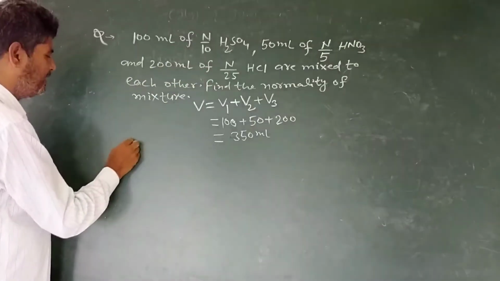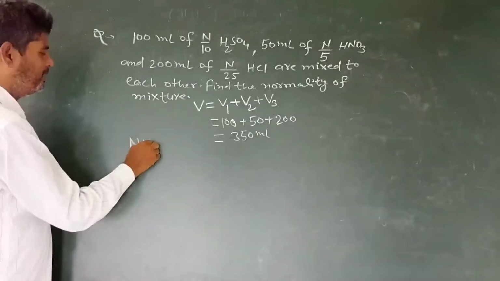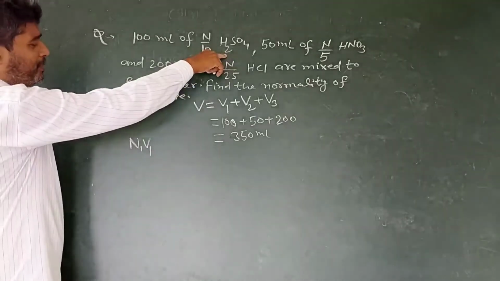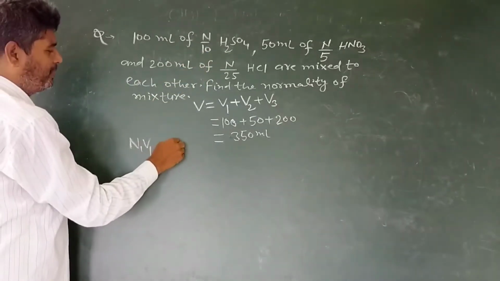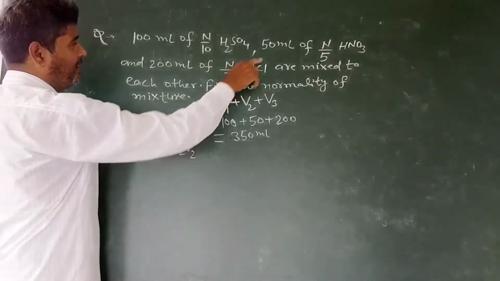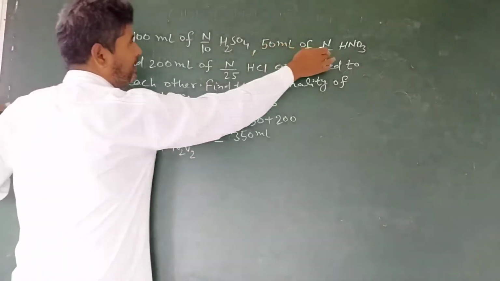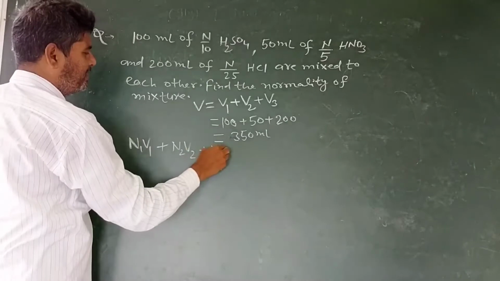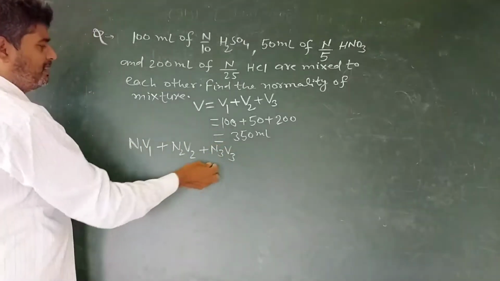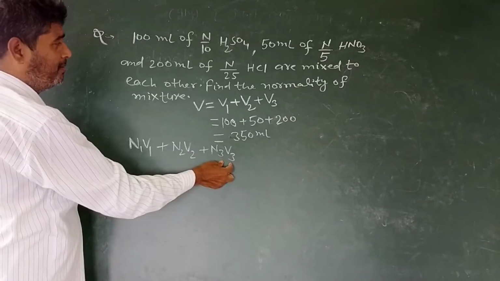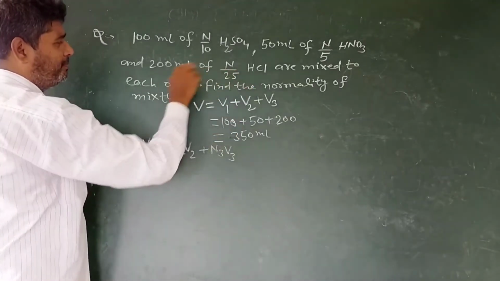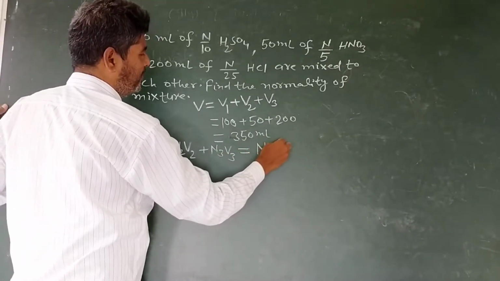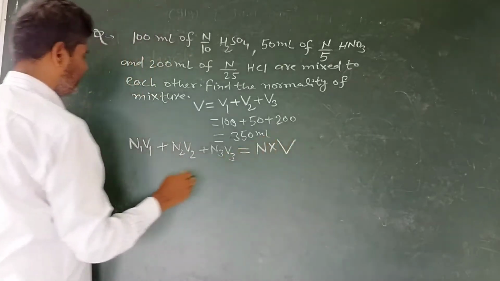So we will write N1 V1, where 1 means the first component, H2SO4, plus N2 V2 for the second, here HNO3, plus N3 V3, where 3 means the third component, here HCl, equal to the normality of the mixture into the volume of the mixture.